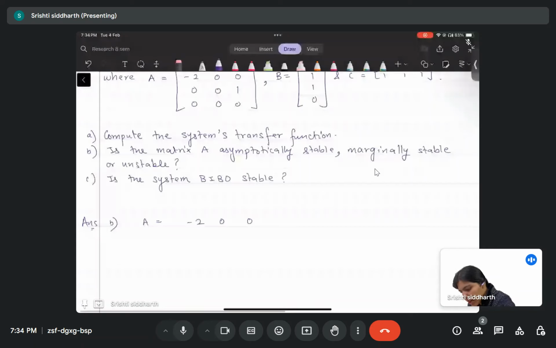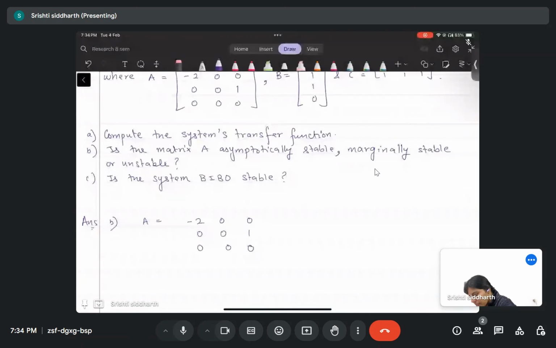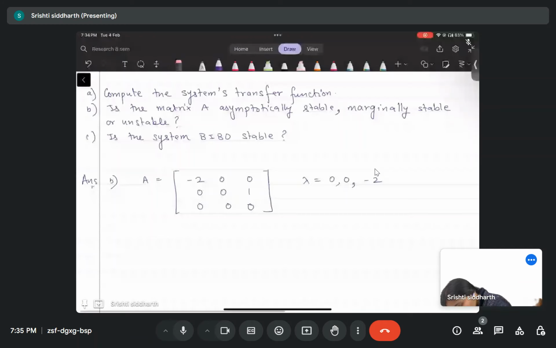You can compute that the eigenvalues are 0, 0 and minus 2. And observe that this matrix A is already in the Jordan normal form.